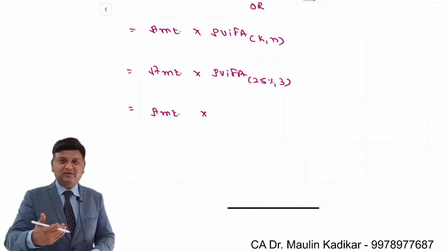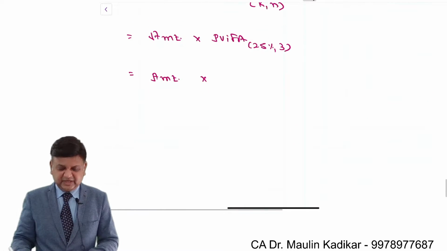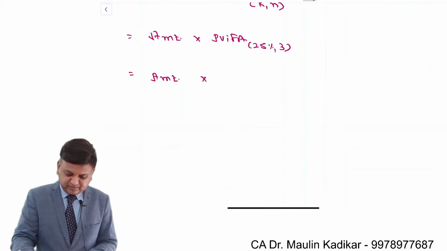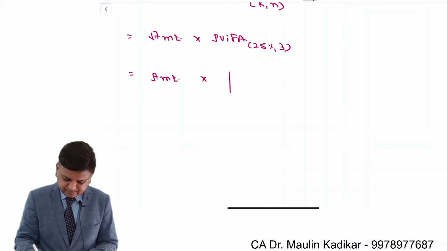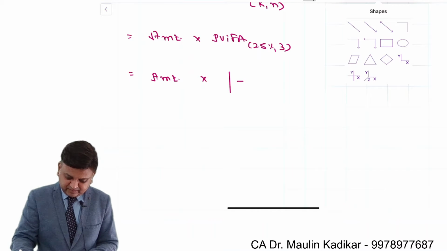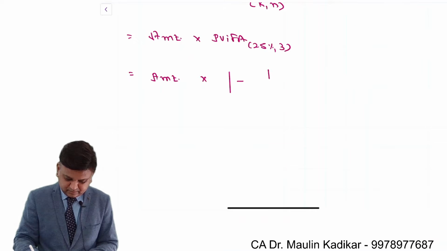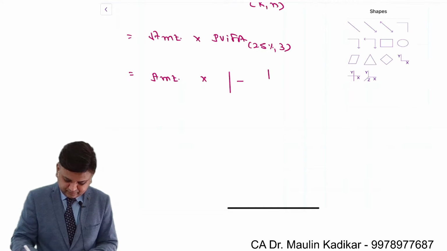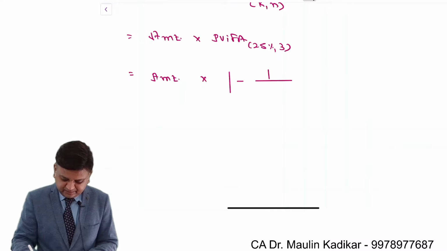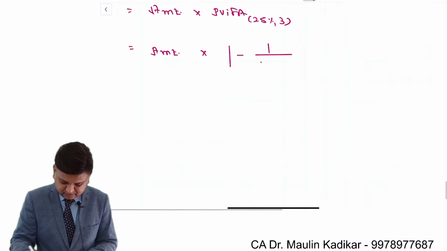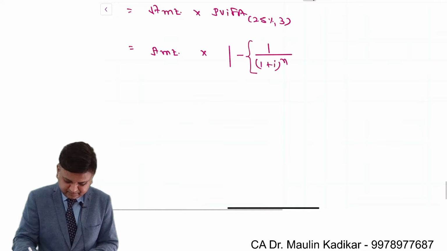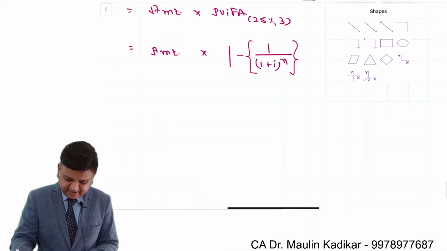What is the discounted value of the same? It is calculated by using a very simple formula: 1 minus 1 divided by (1 plus i) raised to n, whole divided by i.